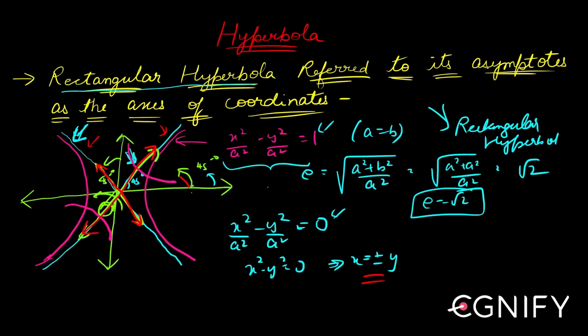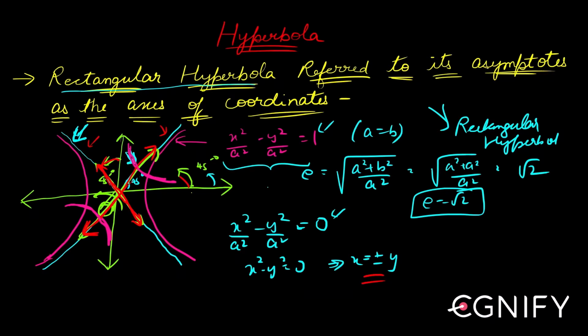So simply, this is about rotation of axis. Your x axis has been rotated by 45 degrees, so it has become this. And your y axis also has been rotated by 45 degrees, so it has become this. Now with these two as the axes, you will have another hyperbola, and that is this one.